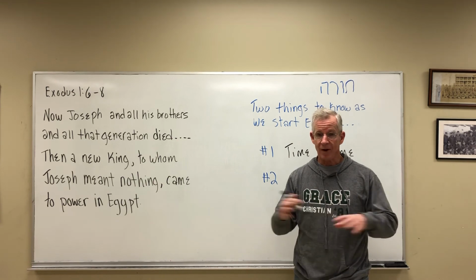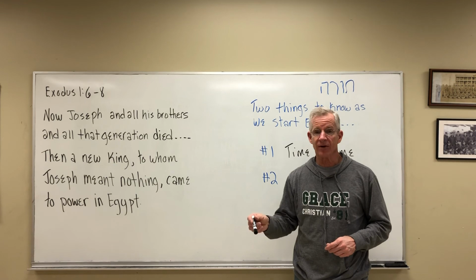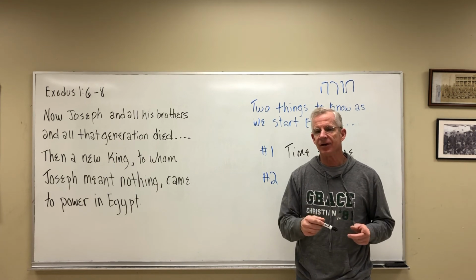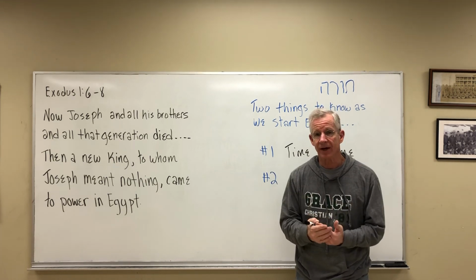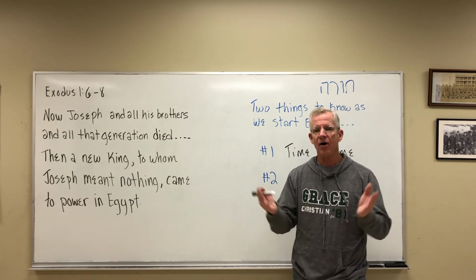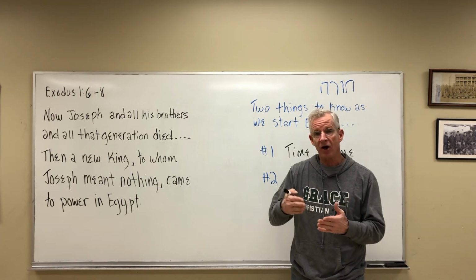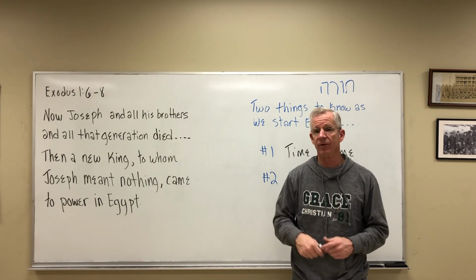A famine swept through the region, which led Jacob's family, that is Joseph's brothers, to relocate to Egypt, and the family was reconciled. So Joseph, his brothers, his dad, Jacob, all lived in Egypt and were under the blessing of the Egyptians because of Joseph's power and influence.